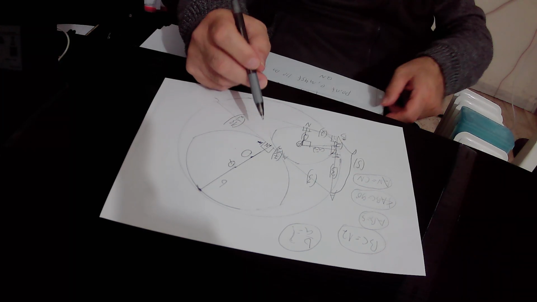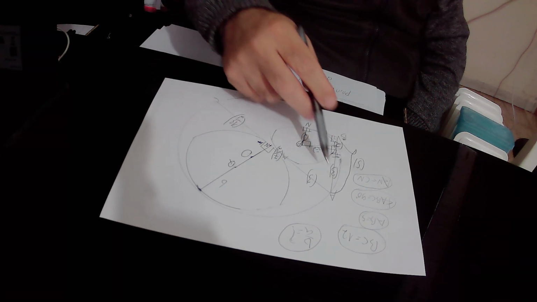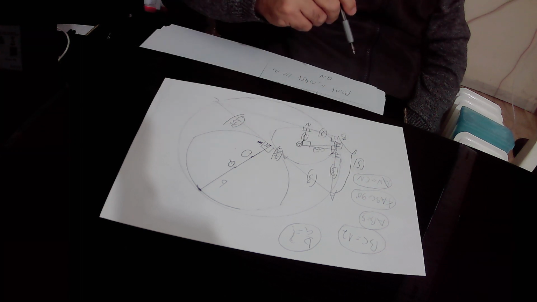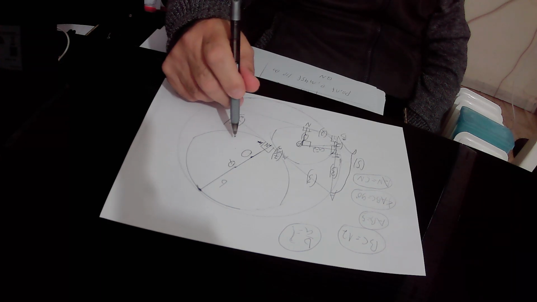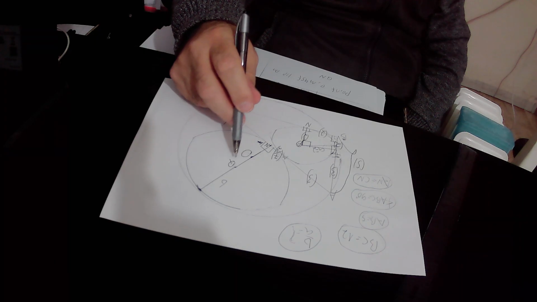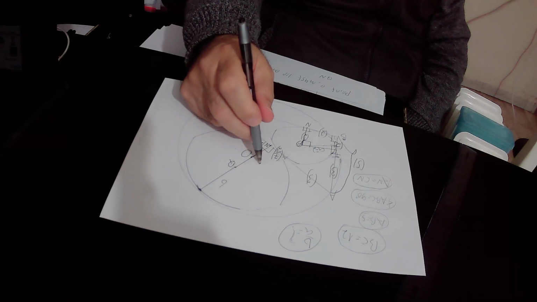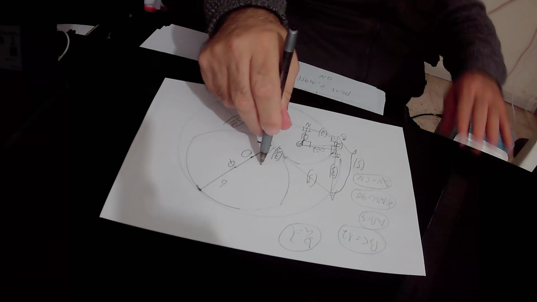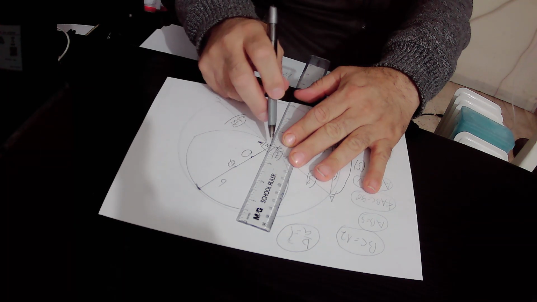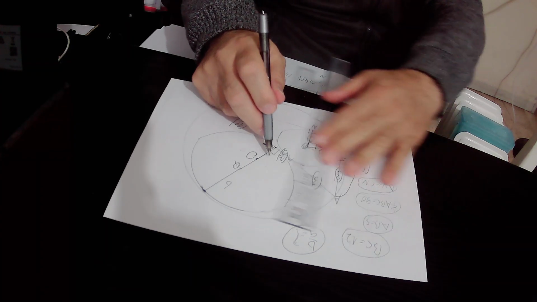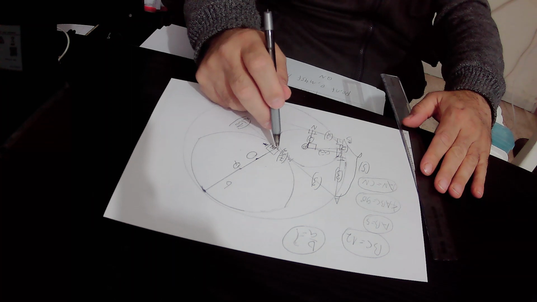Because ON is perpendicular to AC at point N, but QN is also perpendicular to AC at point N. Suppose that point O is not located on the radius QN, for example, if point O is located here, and we join points O and N together, then it will never create an angle of 90 degrees with AC. This angle will be bigger than 90 degrees, and the other angle will be smaller than 90 degrees.